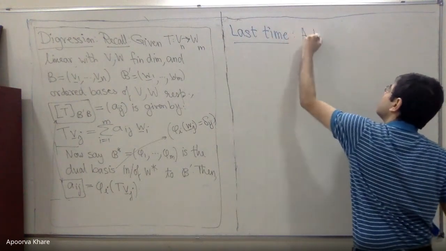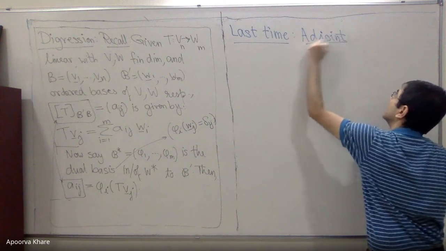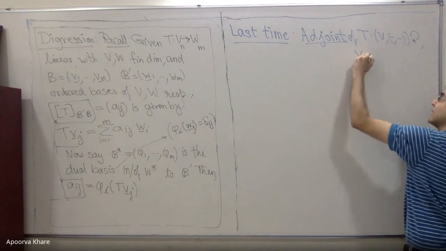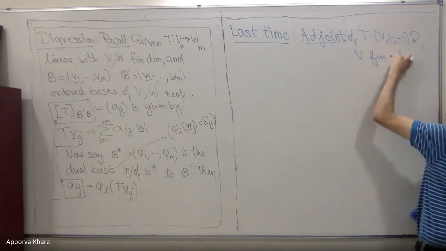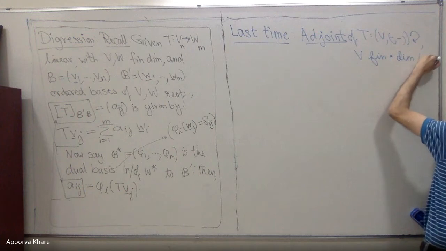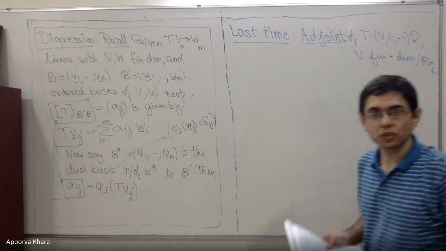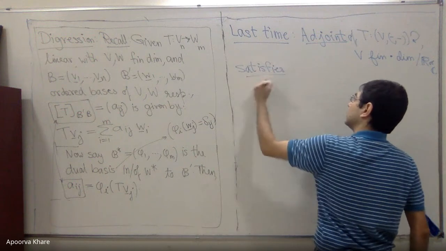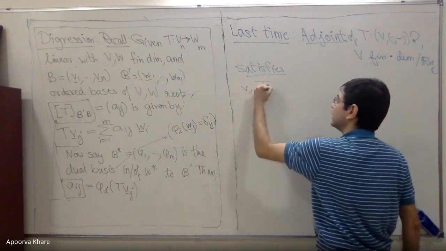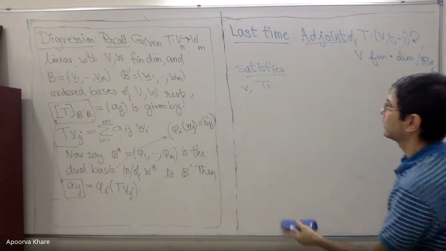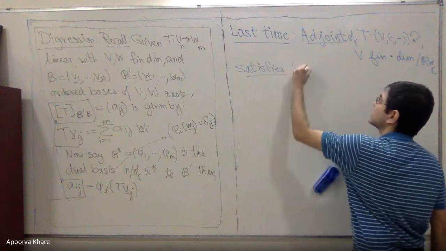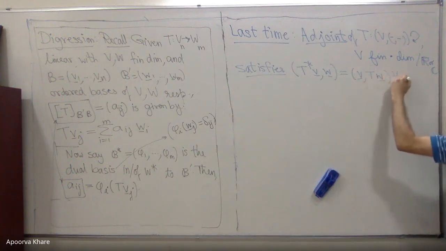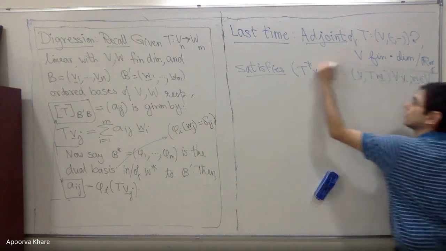the adjoint of a linear map on an inner product space V, of course with V finite dimensional over a field which is R or C. So V is the inner product space over R or C, and then the point is this satisfies: (T*v, w) = (v, Tw) for all v and w in V. This was the sort of defining equation.